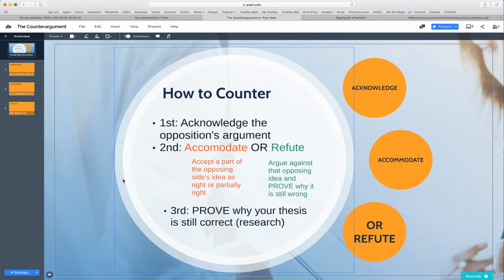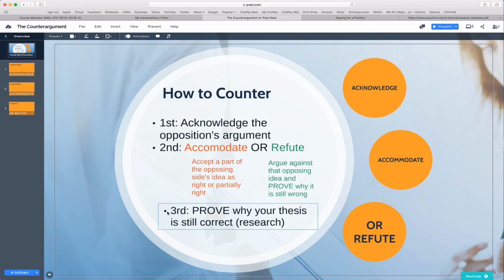You'll notice that this is the weaker way to argue, and sometimes, again, it just depends on your topic. We have to make accommodations. Not every argument is very black and white, right? Sometimes there are very gray areas, and even if we have a strong opinion about something, sometimes we have to say, you know, that's kind of a good reason. I understand why people might feel like that.